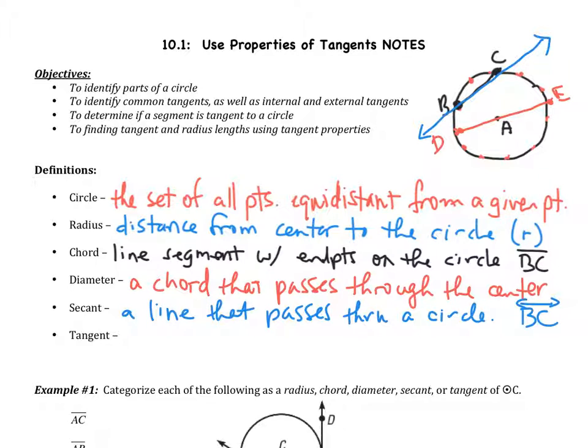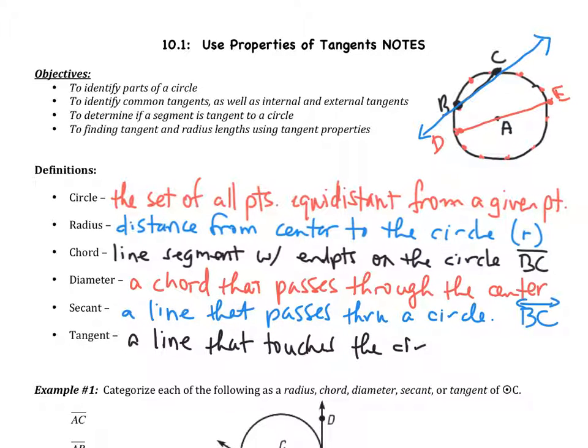Tangent. I don't know how to say that. It's just a line in a circle. Yuri, do you know? All right, it is going to be perpendicular to the radius. We're going to learn that today. But it is a line that touches the circle as opposed to passing through the circle.